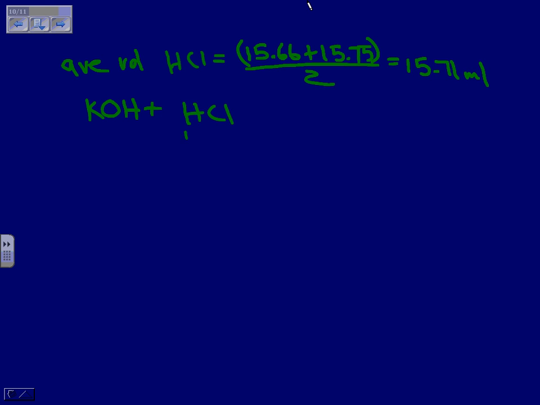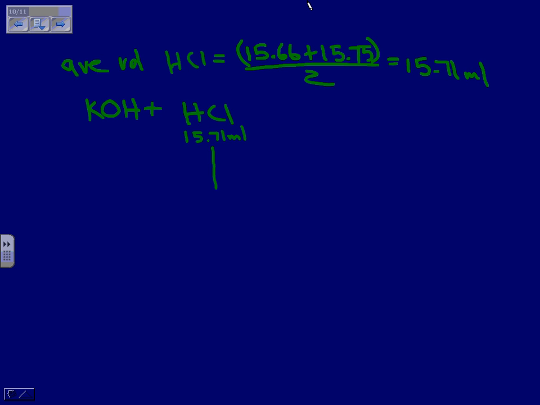So this is our 15.71 milliliters, which means I know the concentration of the HCl this time. I'm looking for the concentration of the base. I got it backwards. In this case, the acid was in the burette, and the base was in the Erlenmeyer flask. So what was the concentration of the acid?